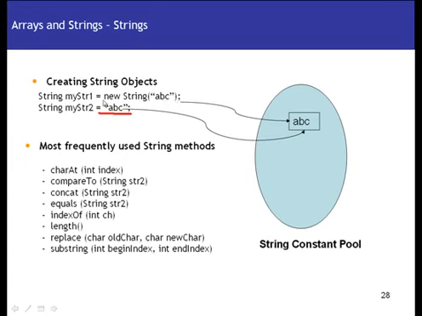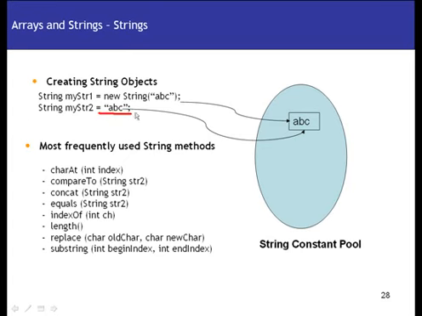If you say new string ABC, as we've discussed many times earlier, whenever you use the new keyword, a new object is going to be created on the heap. So a new object will be created on the heap when you say new string, and then it's up to the garbage collector to destroy that string when it's not accessible anymore.